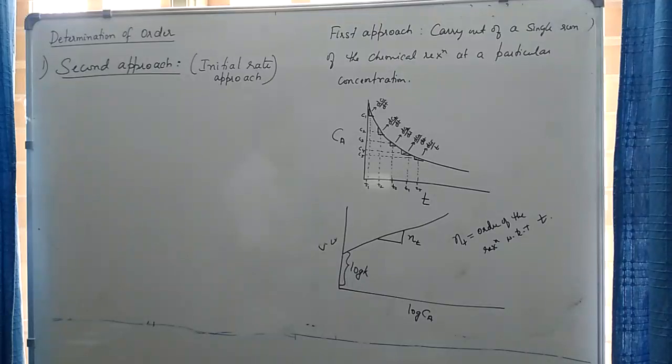So how many runs are we carrying out? We are carrying out 5 different runs, and the difference between these 5 runs is that the initial concentration of the reactants is different.